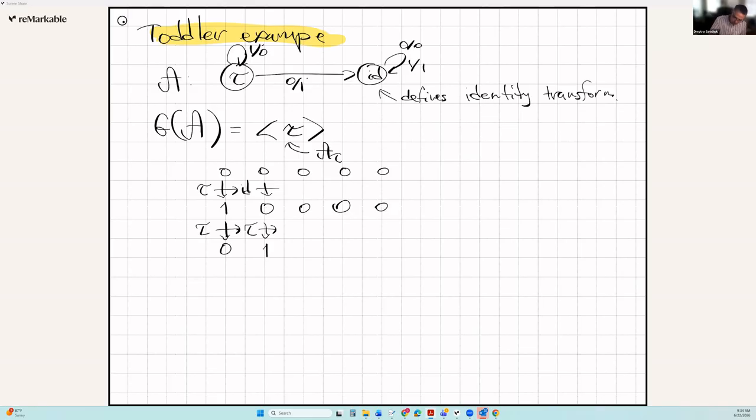So it's going to be 1, 0, 0, 0, and so on. Well, so it's definitely different from the first two. So now we apply tau again. 0 is transformed to 1, and we move to identity right away. And then identity doesn't do anything, so it's going to be 1, 1, 0, 0, and so on.